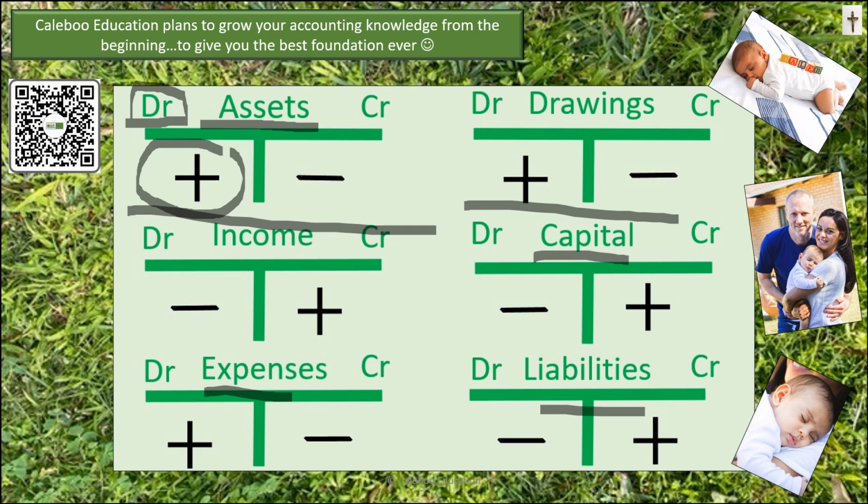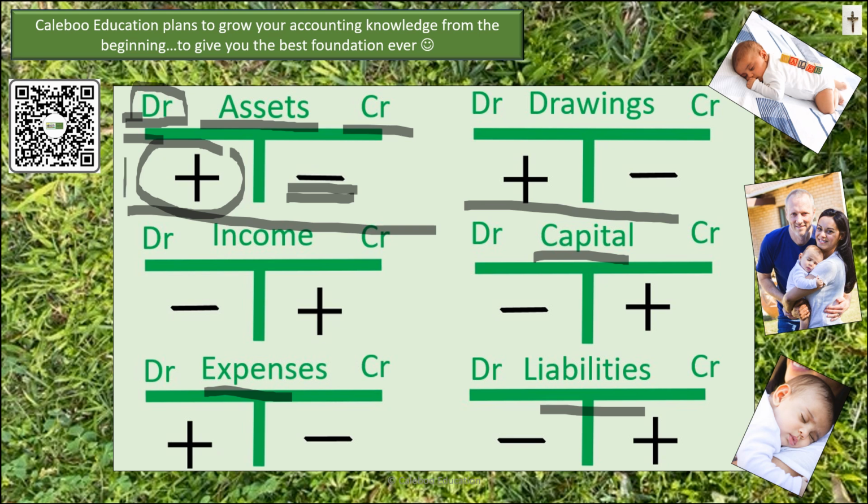So if there's an increase in the value of an asset, if I bought stock, for example, the value of the stock on hand has increased, we will debit the account. If I sell the stock and the stock leaves the premises, there's a decrease in the value of the stock. The rule says if there's a decrease in the value of an asset, that's a minus sign, the account will be credited. So that's an asset. If there's an increase in value, the account is debited.